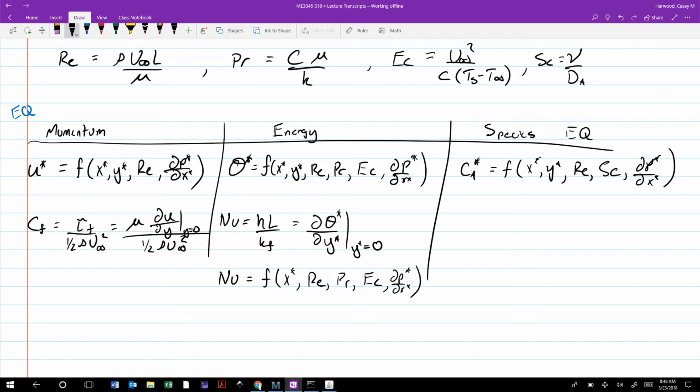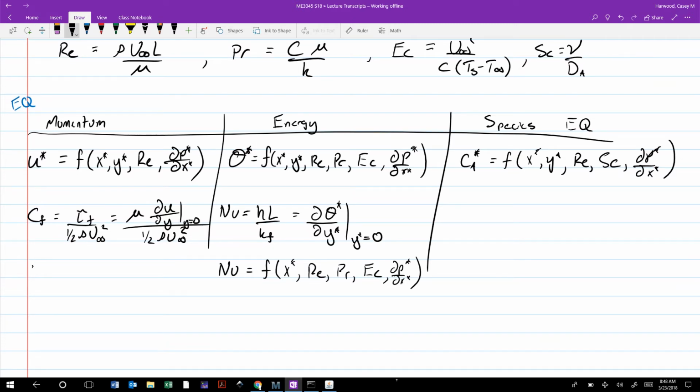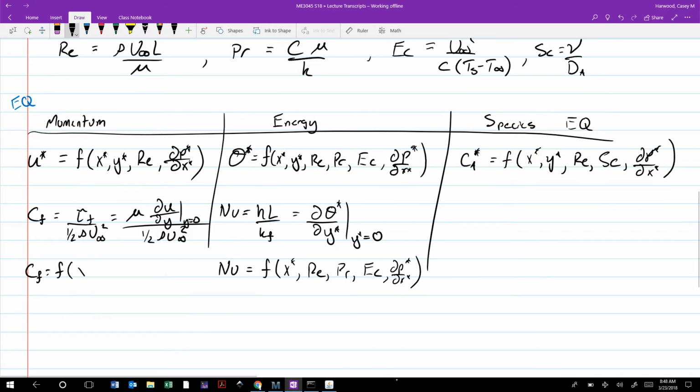But we see that because the velocity finds its way in here, it'll be dependent on the non-dimensional velocity, and therefore x, Reynolds number, and dp dx are going to find their way in there. We get rid of the y because we're evaluating at y equals 0. So Cf is a function of x star, Reynolds number, and the dimensionless pressure gradient.